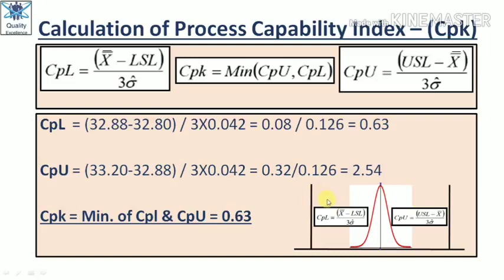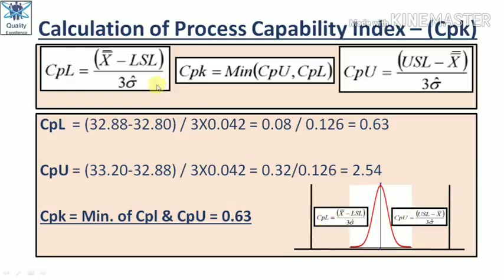You can say this is the lower specification side and this is the upper specification side. So here we have bifurcated into two parts, so we will calculate capability also into two parts. One is capability on the lower side and second is capability on the upper side.